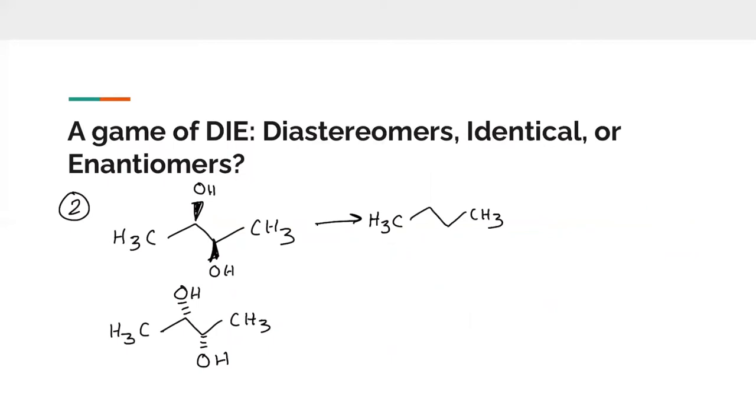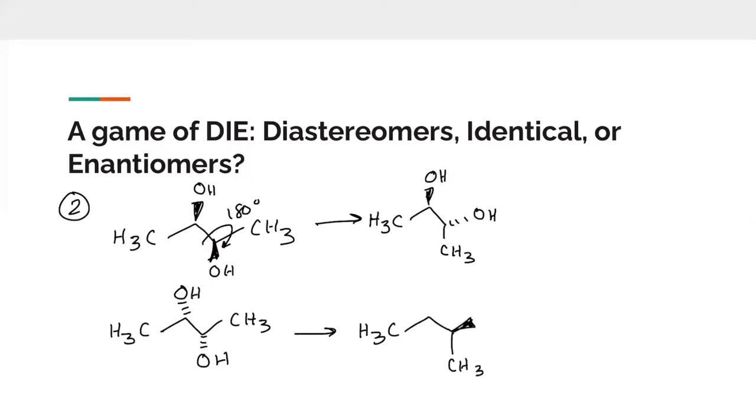Okay, so if we rotate again 180 degrees around this bond, then you'll still have this OH as a wedge, and this will again be CH3 down here, and this will be a wedge. And if we do the same thing for this bottom molecule, we will see that this will become a wedge, and then this is a dash.